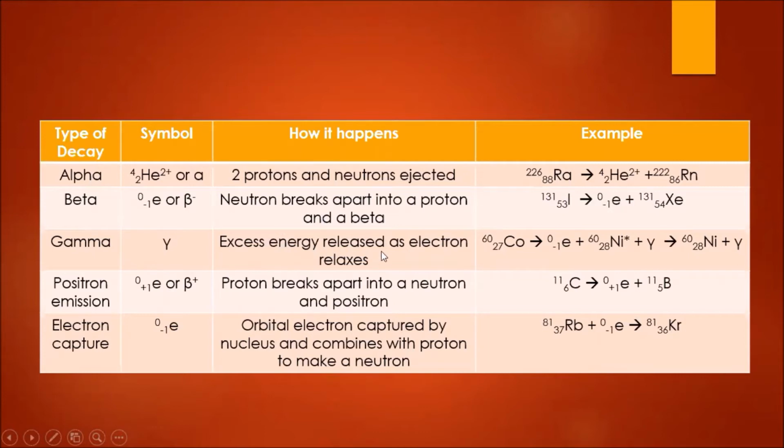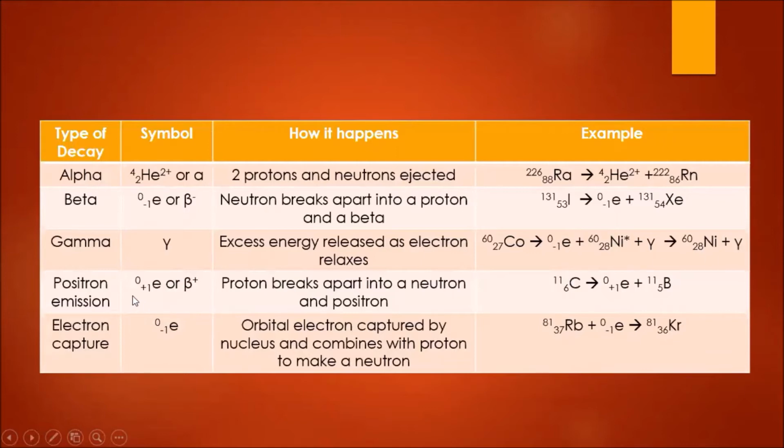It's often released as electrons relax, and it's often lost with other stuff. So cobalt can undergo beta decay and gamma decay to form high energy nickel, and then the nickel can emit more gamma rays as it calms down. So it's eventually like hot nickel cooling down as it releases this energy back out.